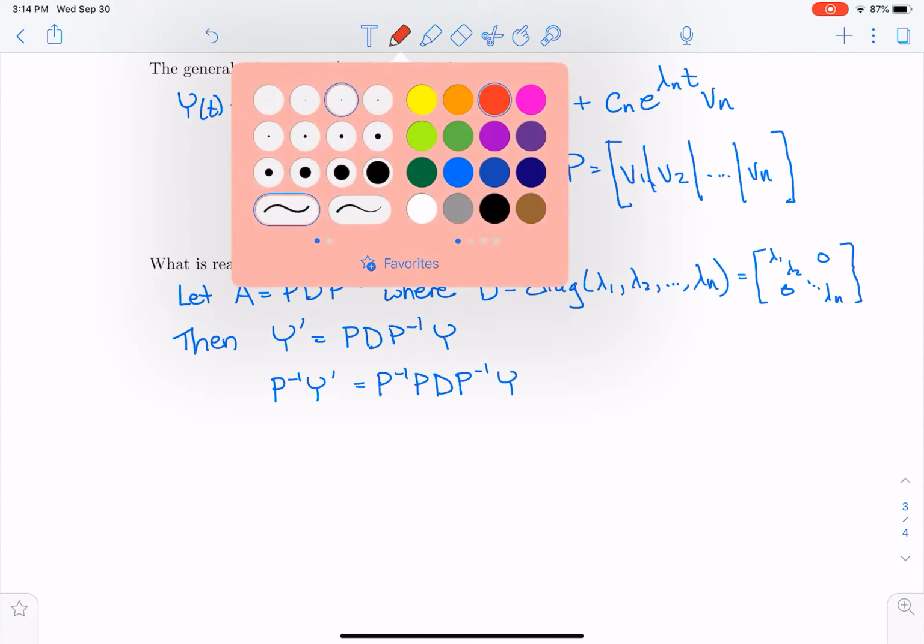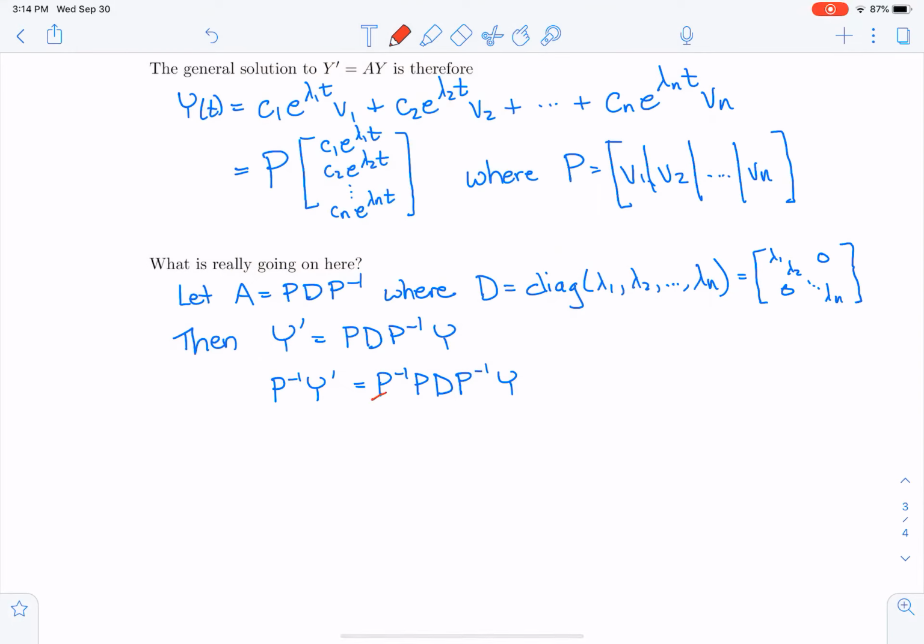So P inverse times P is going to be the identity, so that's going to cancel there. And then, in fact, I'm going to write this as P inverse times y prime. I can do that because of the linearity of the derivative. And that equals D times P inverse y.